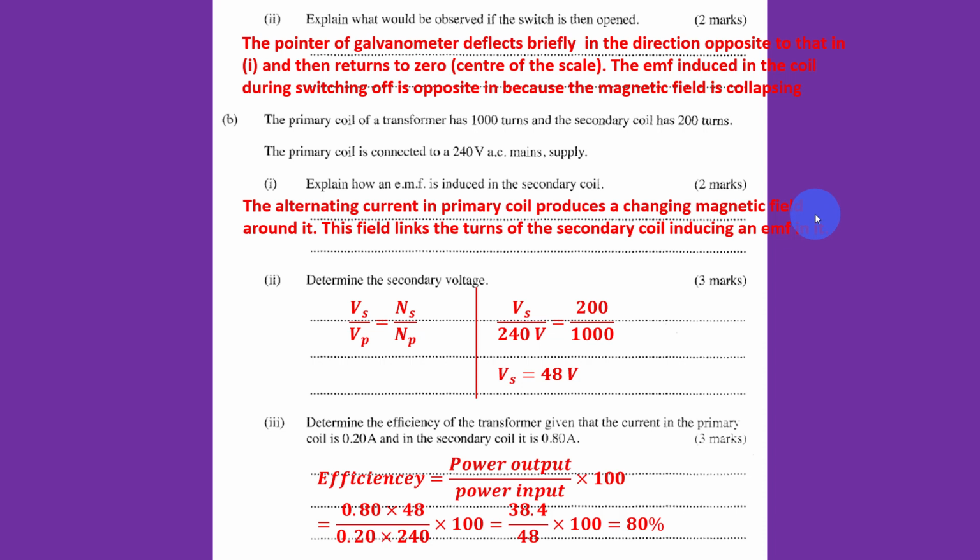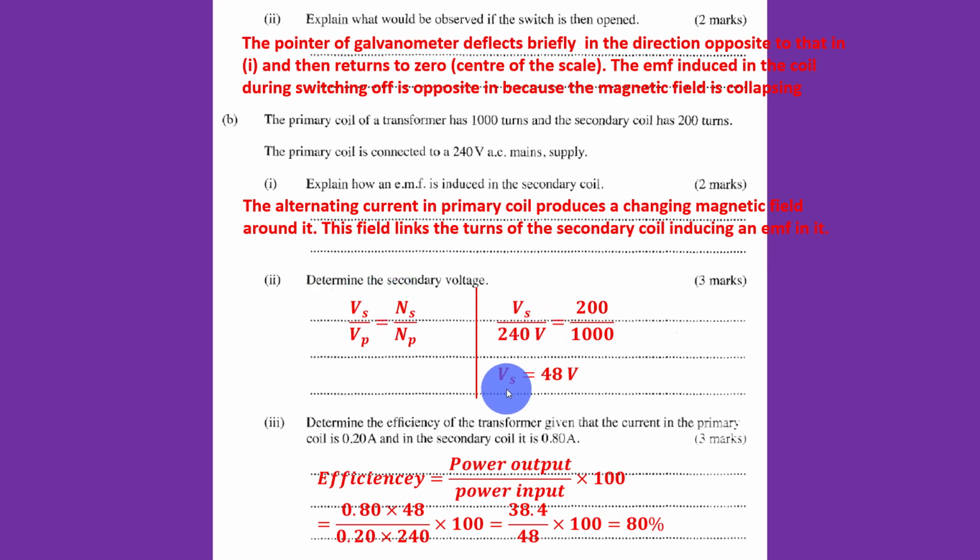It is to enable the process of stepping up and stepping down, because it's only alternating current which can produce a changing magnetic field. This changing magnetic field is going to link the turns of the secondary, inducing an EMF in it which causes induced current to flow. Of course, the turns ratio is as given here.